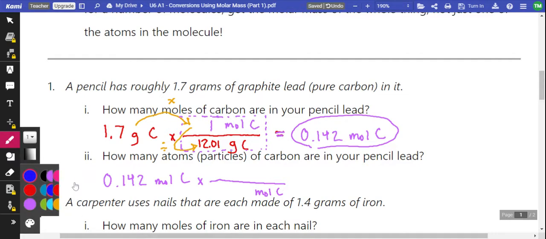On the top, the unit I want is particles. So I'm going to put particles on the top, and actually my fraction bar is going to need to be bigger. Let's stretch this out a little bit. Particles of carbon. Okay, which means I've got a conversion factor.